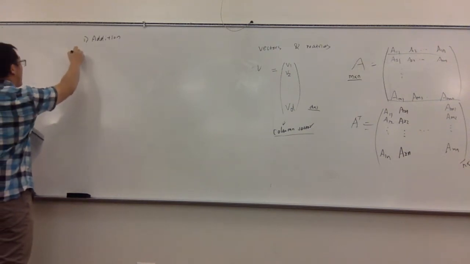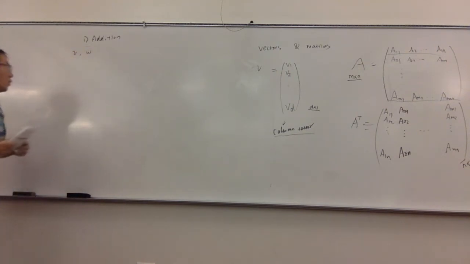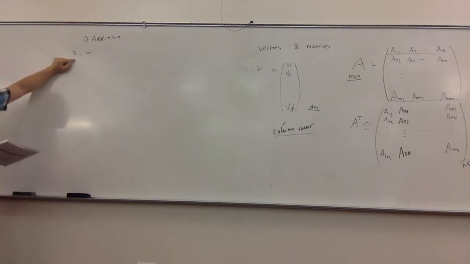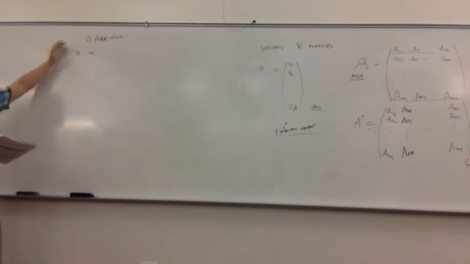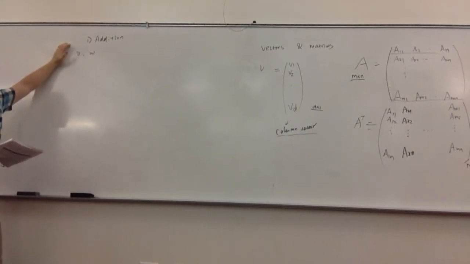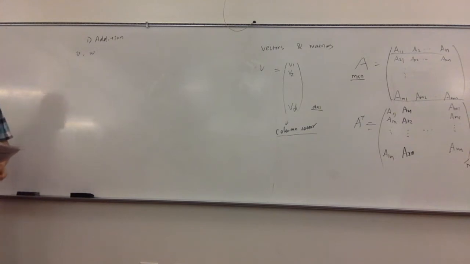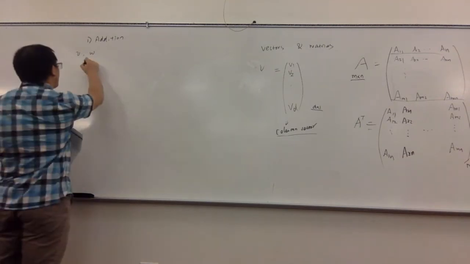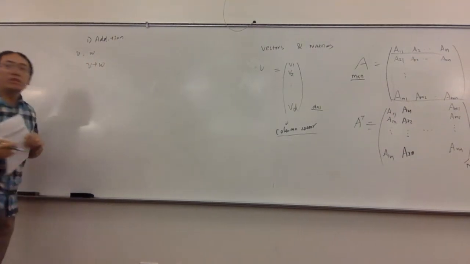If we add two vectors, what do we need to require? It must have the same dimension. You cannot add a three-dimensional vector to a two-dimensional vector. Then what's the result of V plus W, supposing they are both d-dimensional vectors?